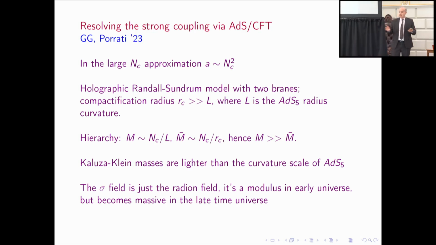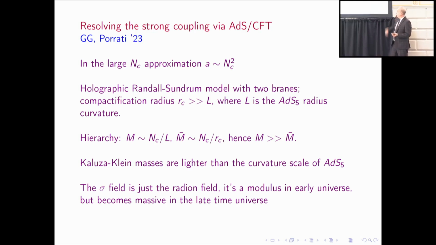Sigma, in that context, is related to the radion of two branes in the Randall-Sundrum context. The benefit is that, first of all, you can go to scales a lot higher than M bar. And second of all, you can understand the hierarchy between the Planck mass and the M bar mass, which before was introduced by hand. I just put that in. Here, it comes out dynamically.